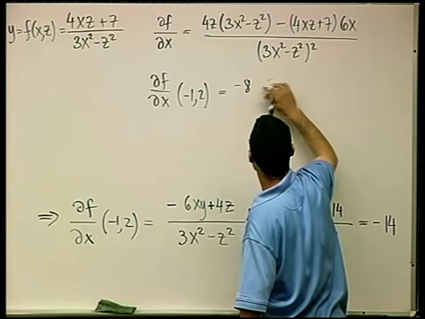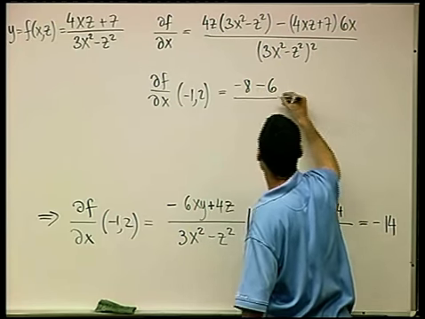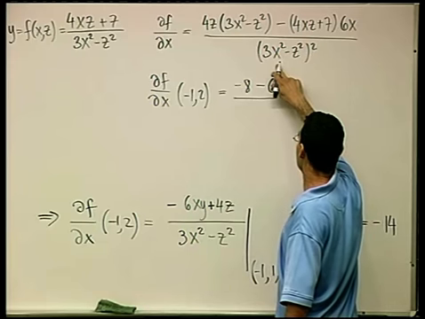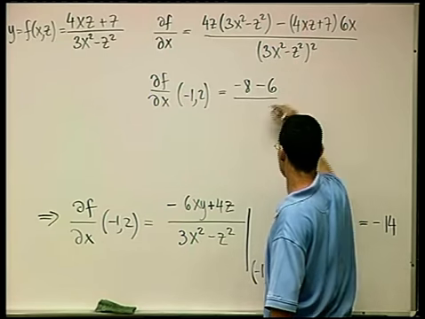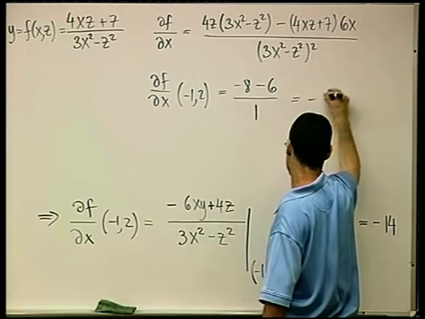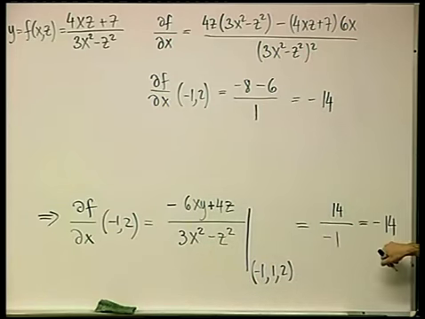Sorry about that. So it's −6 divided by (3 − 4), which is −1, squared. So it's 1. So it's −14. Yay. Same thing. Good? Okay.